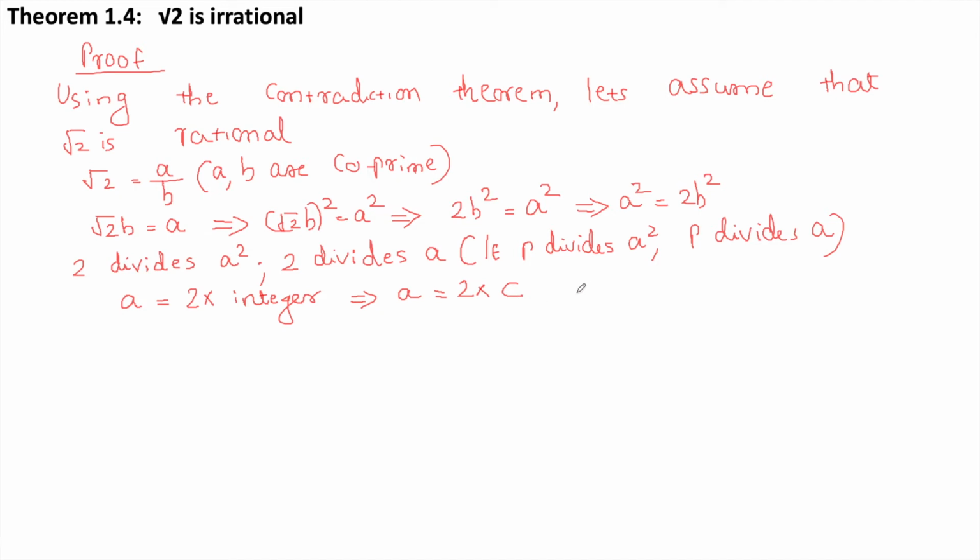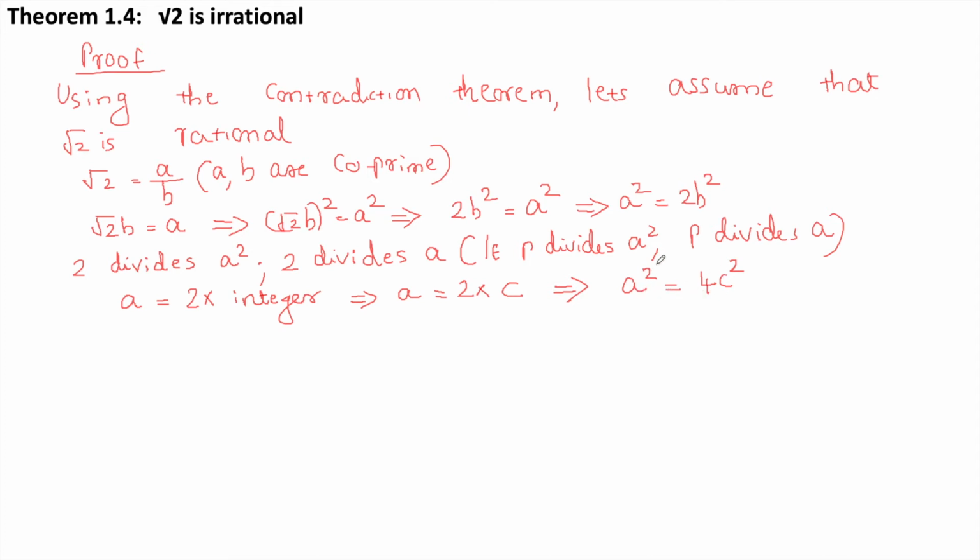A is equal to 2c, and we are squaring both the sides again. That means a square is equal to 2 into c, the square, means 4c square. Okay, we got like this: a square is equal to 4c square.